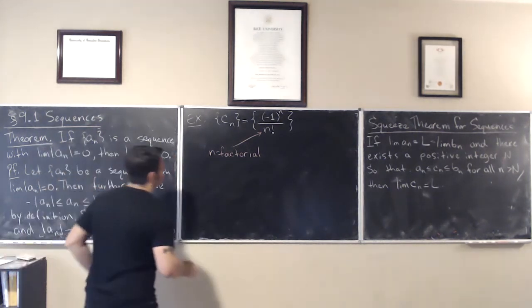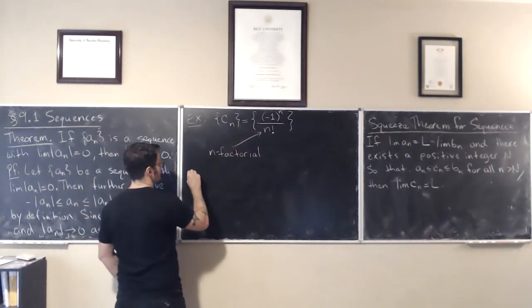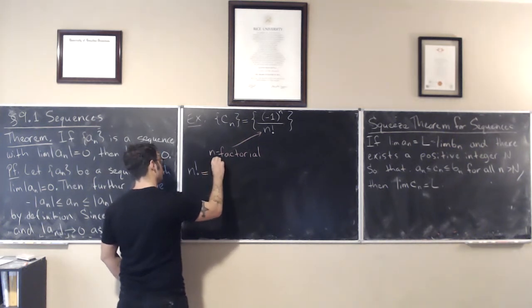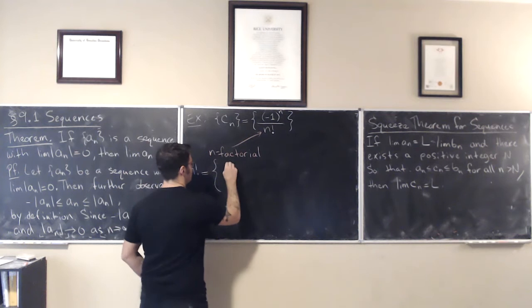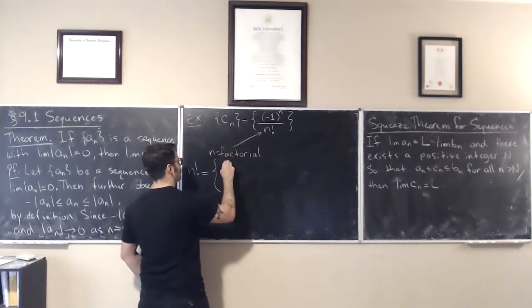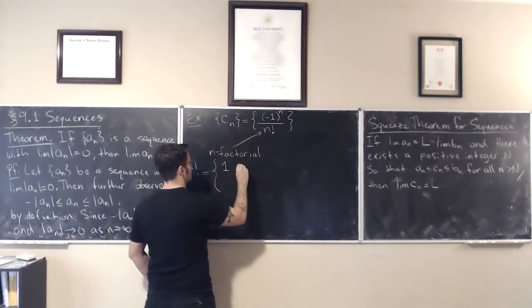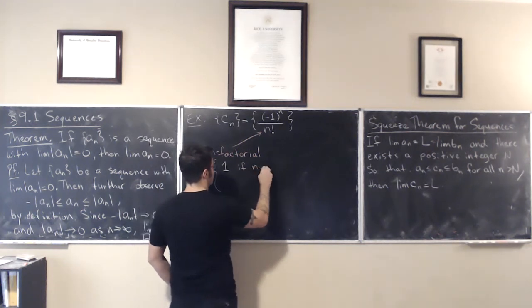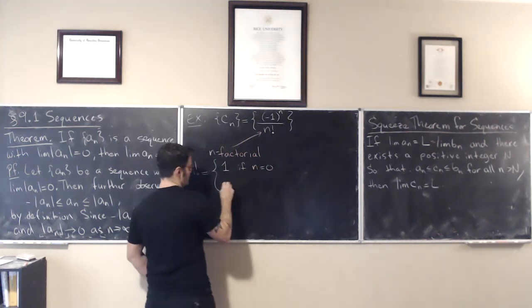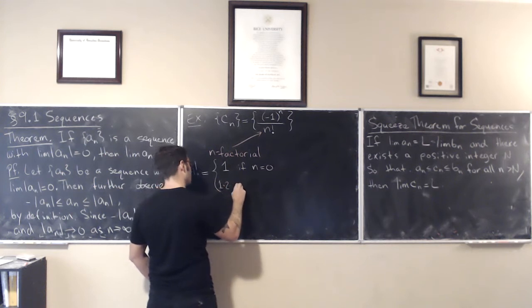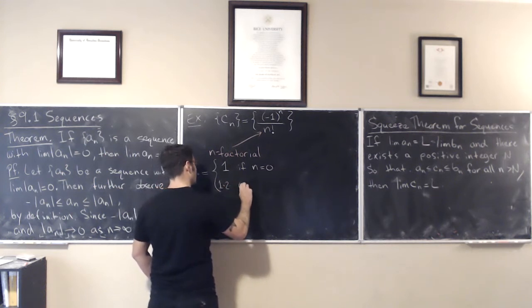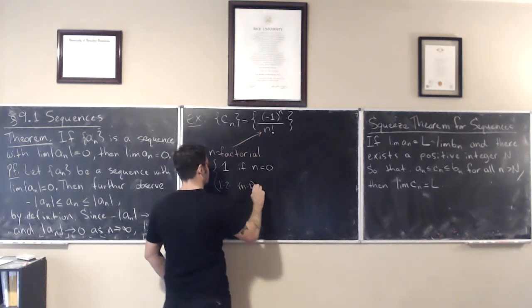So n factorial is equal to the piecewise function: 1 if n is equal to 0, and otherwise 1 times 2 times dot dot dot times n minus 1 times n.